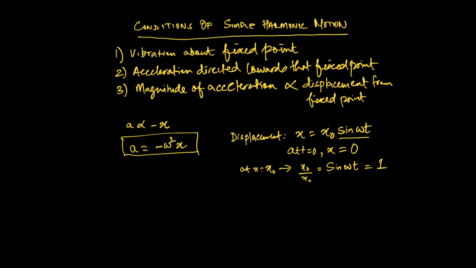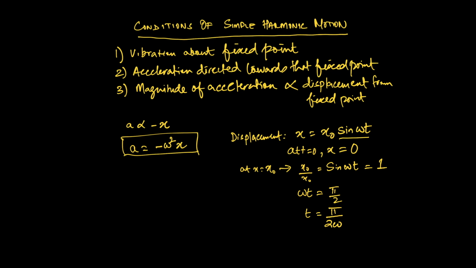Now, when does the sine function reach a value of 1? It reaches it at 90 degrees or pi by 2 radians. So if I was to do an inverse sine of this, omega t has to be equal to pi by 2. And what is t equals pi divided by 2 omega?